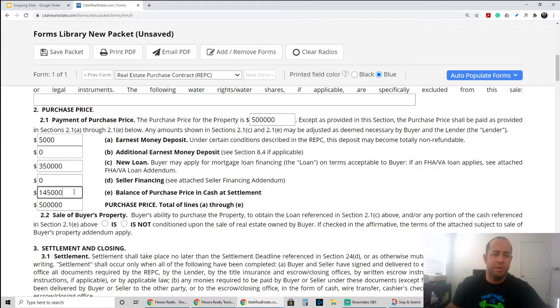So sometimes we want to make our contract look good, and the way to do that is to, one, have strong earnest money, number two, have a strong down payment, right? They don't necessarily have to use all 145 to come down and make that down payment. But this looks stronger than somebody who's FHA with no money, because a seller knows that your clients have room to pay out of pocket if needed.